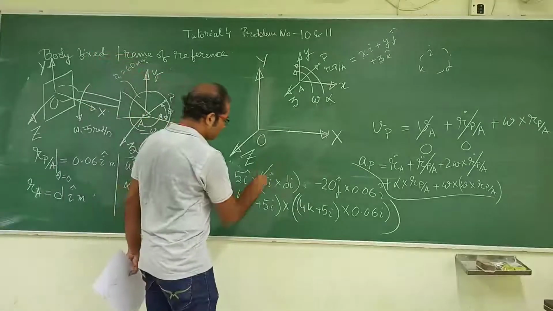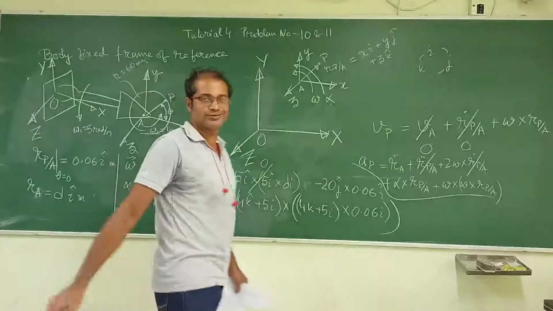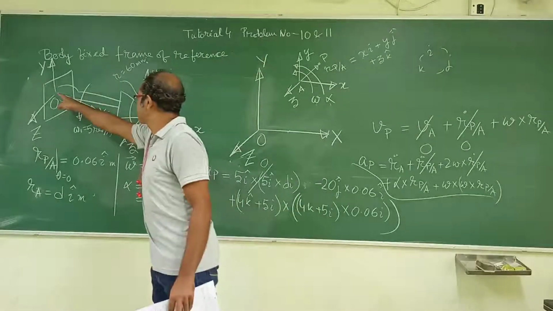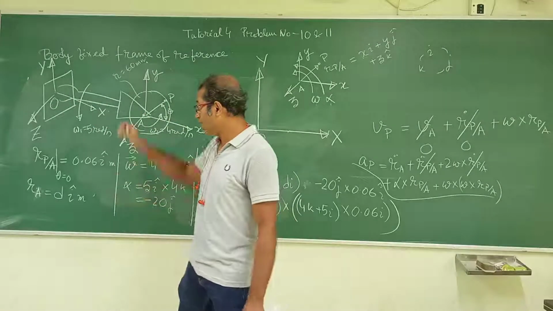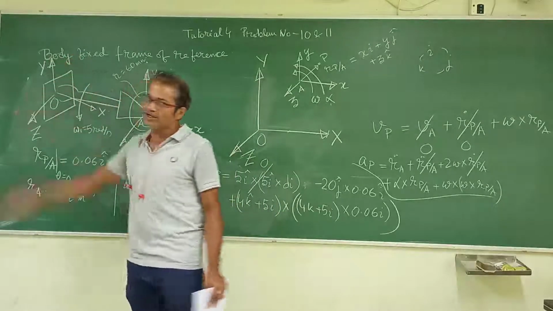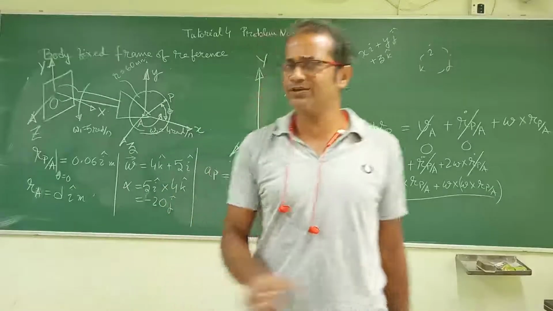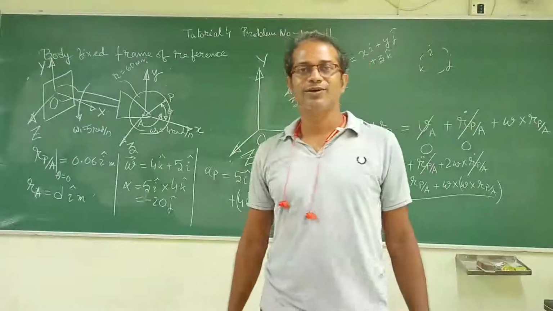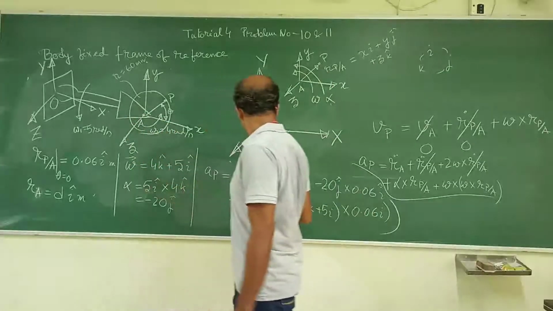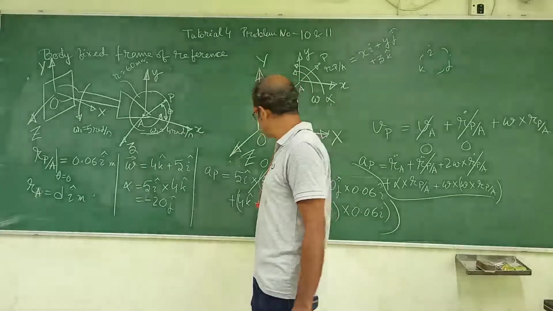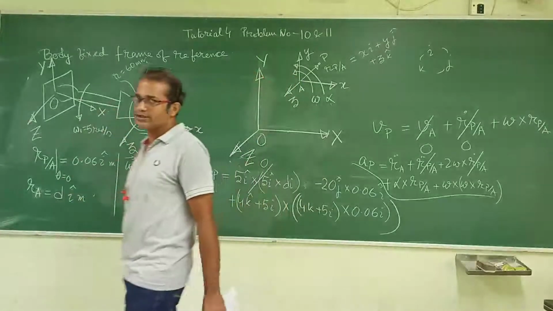So this is going to be 0, and it appears to be 0 because if you look carefully, with respect to it there is no change. If it is going to rotate with respect to y, then there is centripetal acceleration. Otherwise, there is no centripetal acceleration. The velocity is going to be 0. As there is no velocity, this velocity part is going to be 0. So that is why there is no acceleration.